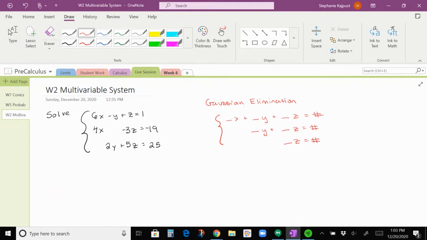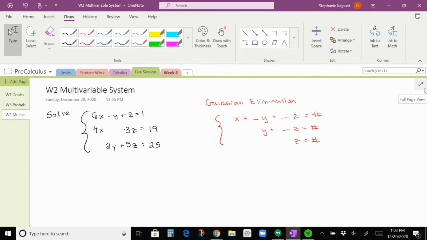Sometimes we'll make it so that instead of any number, we'll want specifically just X, just Y, and just Z, so that way you don't have to divide. That's the technical Gaussian elimination, where you don't have a coefficient in front of those first terms. Though, if you do, it's not a huge deal as far as the solving process.